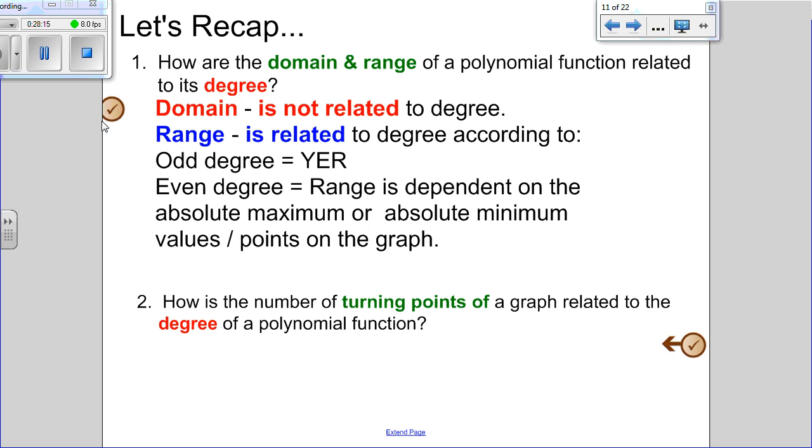If you have an even degree, it's always going to end up going really high and then really high again, or really low to really low again. So an even degree range is dependent on the absolute minimum or absolute maximum value points. So you're going to have to find some mins and maxes to figure out your range with the degrees.